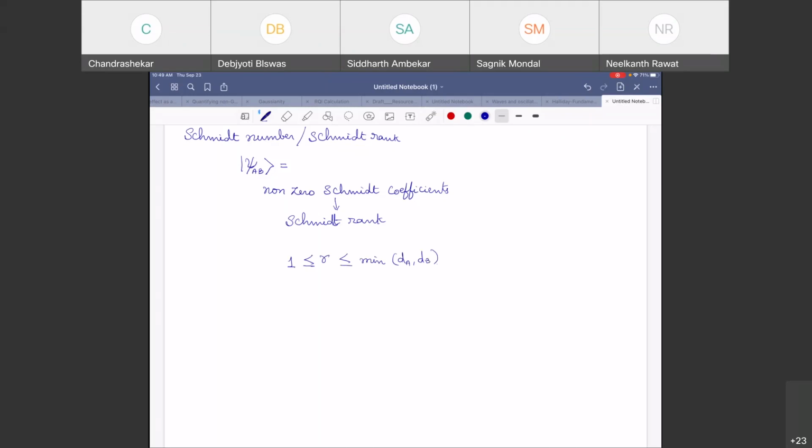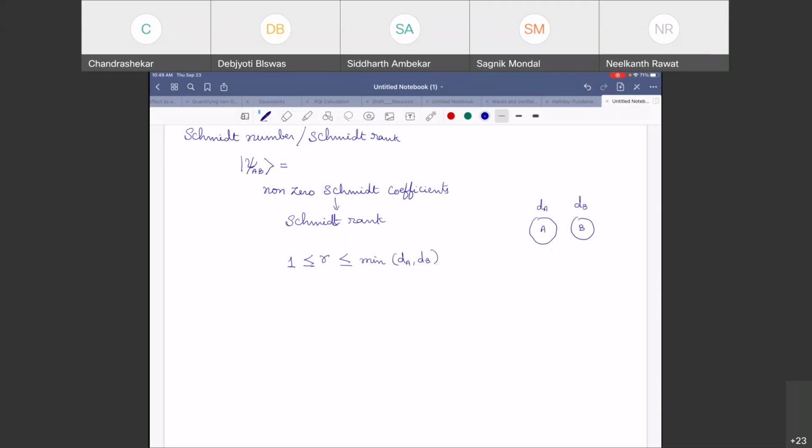To give what this number is, if you have a bipartite system A and B, let's say A has dimension dA and B has dimension dB, because you're not always going to look at qubits with qubits.